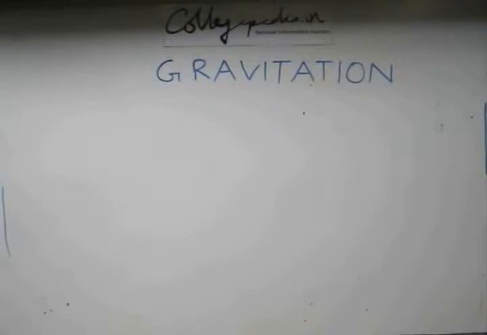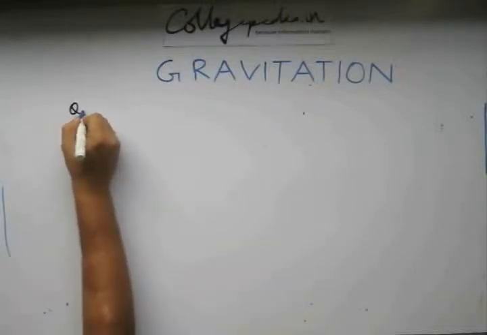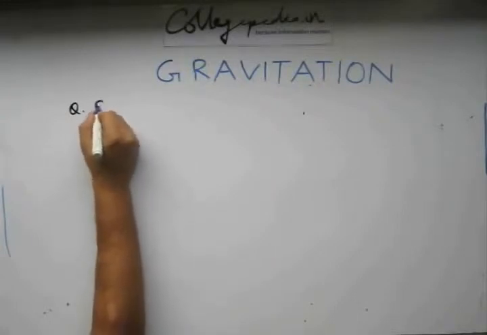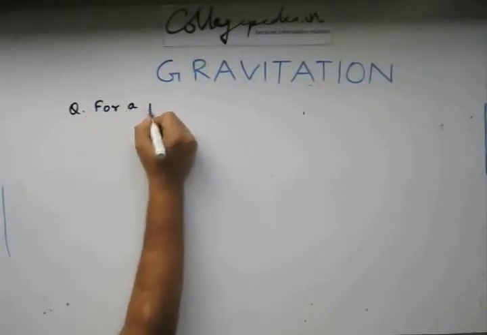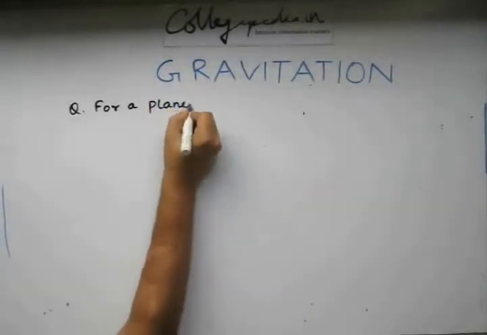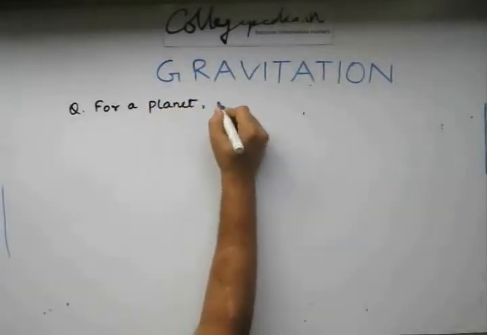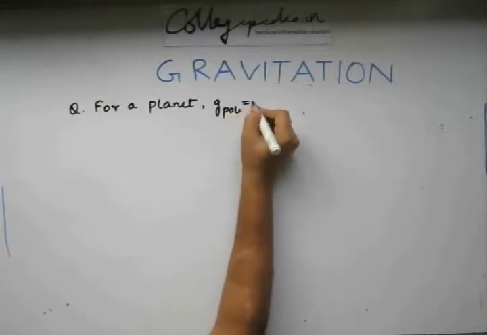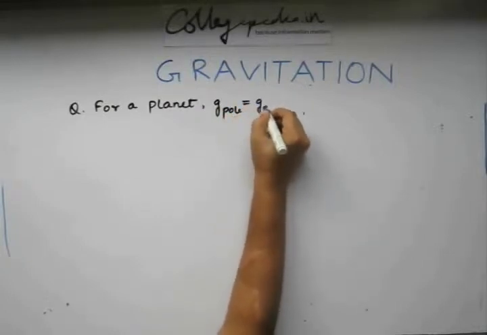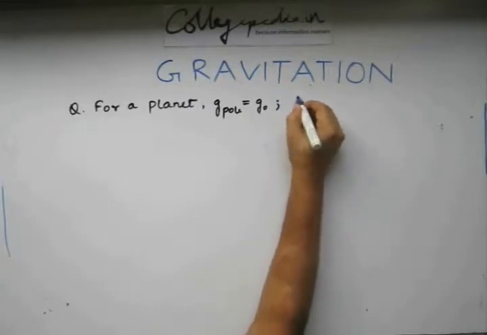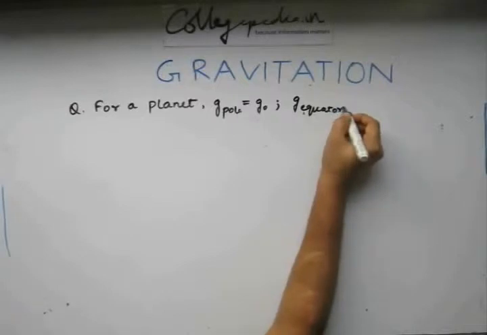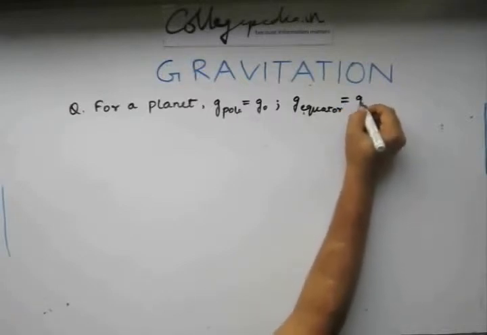Let us look at a problem now. We have a planet for which g at the pole, which is the acceleration due to gravity at the pole, is equal to g naught. g at the equator is g naught by 2.